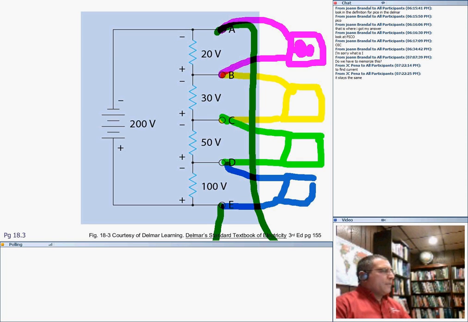A voltage divider lets you choose different voltages for different equipment. And I don't want you to think that you can use this for AC. We don't do that. That would be a transformer. It's mostly for DC circuits, guys. Any question about the voltage divider?